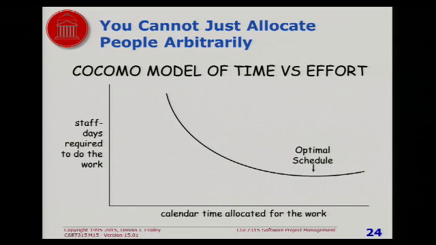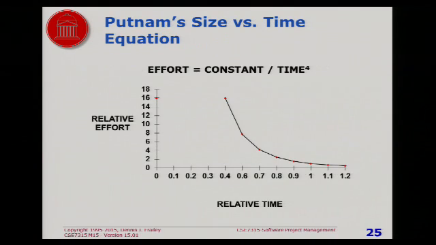And if they didn't have enough data, they could well have made a mistake in their formula. And like this one, if people used Putnam's formula and they actually have more time than they need, they will grossly underestimate how much effort is required to do the work, simply because they didn't have an accurate formula.